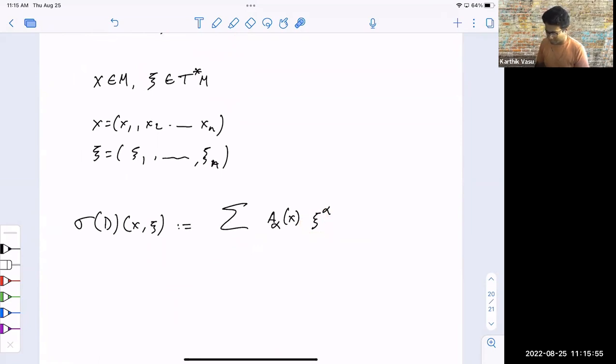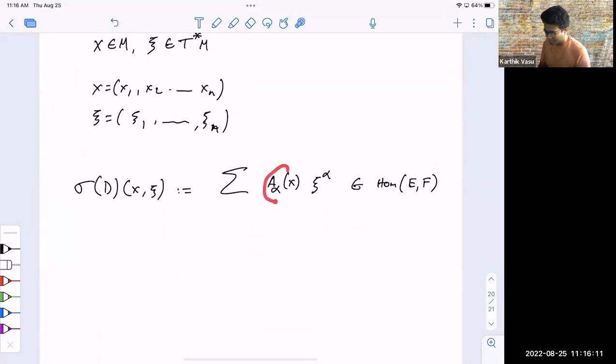So then this is no longer a differential operator. It just becomes a map from E to F, because only these are the things that matter. These are just polynomial multiplications now. These don't do much.